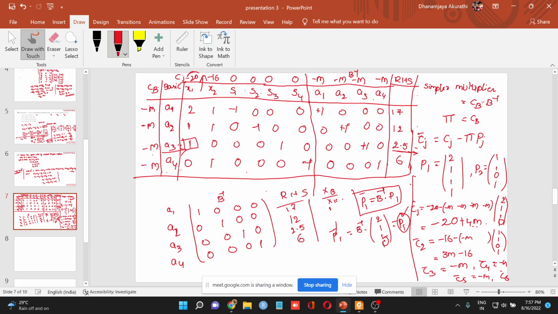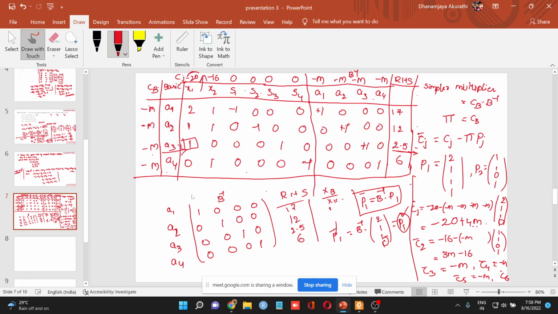That means here A1, A2, A3, A4 are the basic variables. So we are just identifying the deviation rows for non-basic variables. Here A3 is leaving the basic variables, and x1 is entering the basic variables.